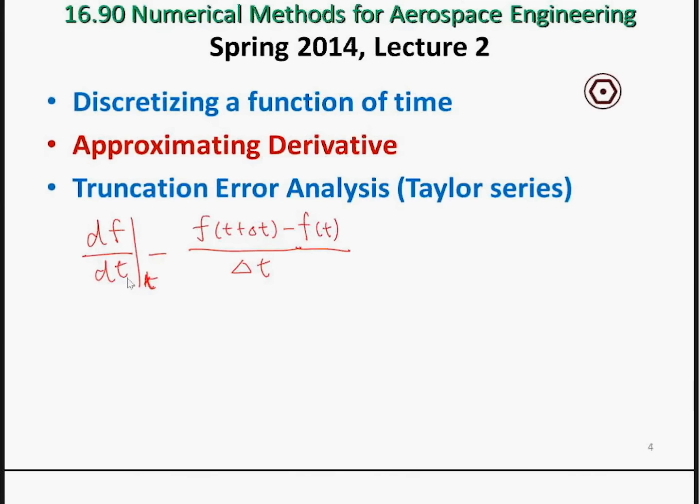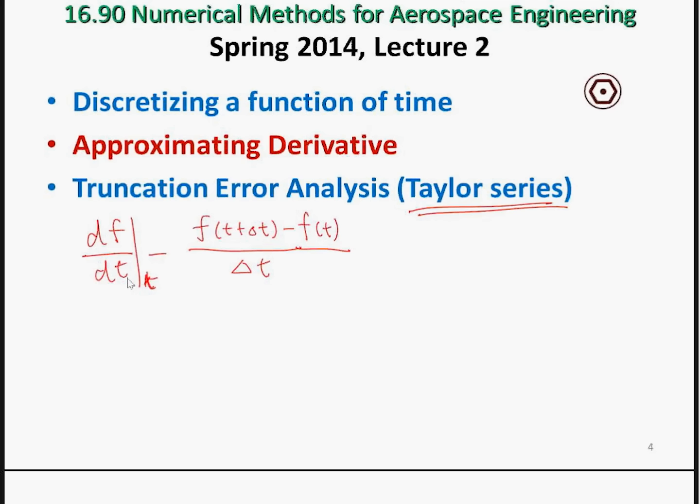Taylor series, good. What is Taylor series? We can summarize it in one sentence: an approximation of a function at some point using the values and derivatives of the function at a nearby point.